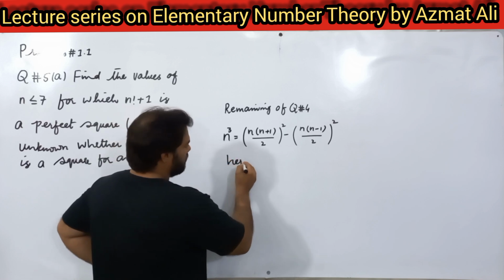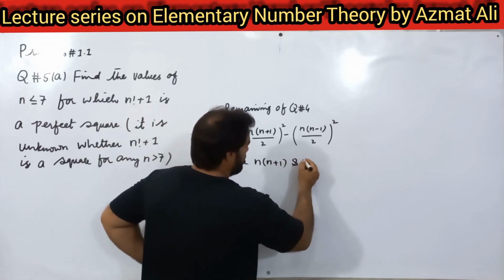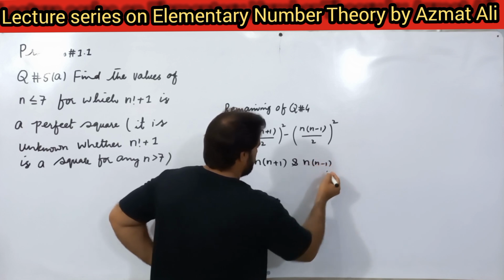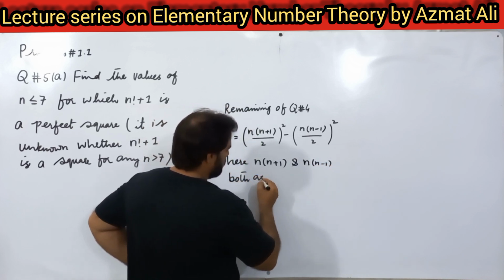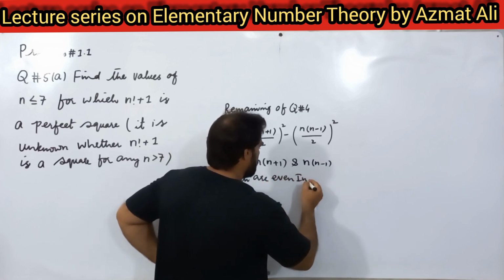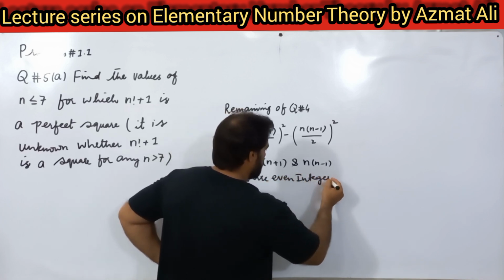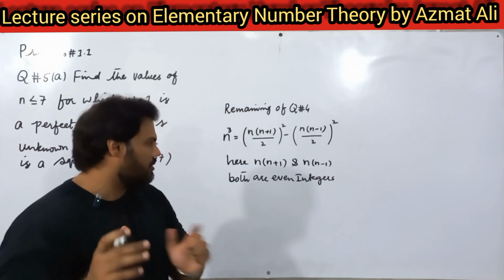Here, n into n plus 1 and n into n minus 1 both are even integers. How are these even integers?